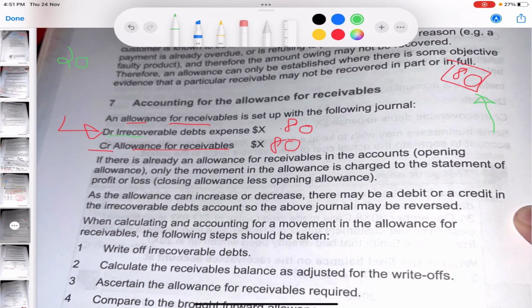So is the journal entry going to be debit irrecoverable debt expense, credit allowance 80/80? No. Why? We already had 20 allowance. So we need an allowance for 80, but we already have 20. Then what is the balance? 80 minus 20. What is 80 minus 20? 60. So we need 60 only now, right? So this is going to be 60. Only the balance, the new allowance will be created only with the balance, because we already had 20 as the balance.